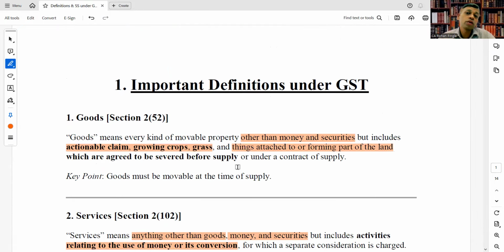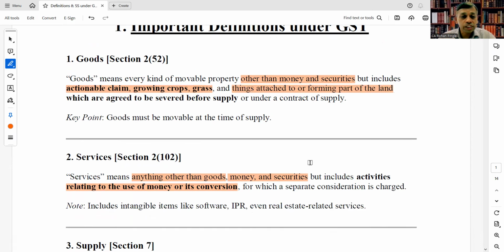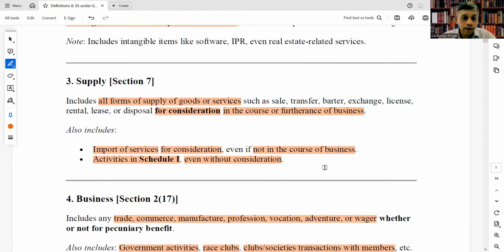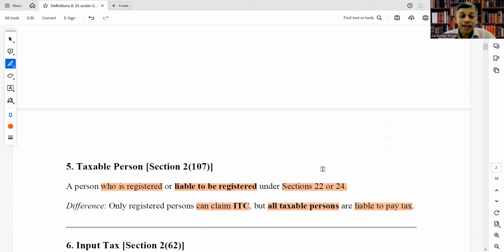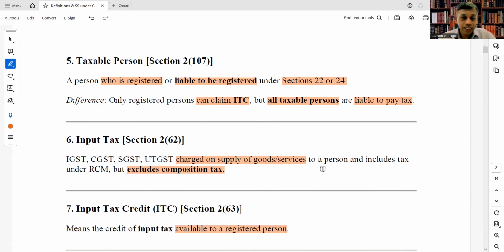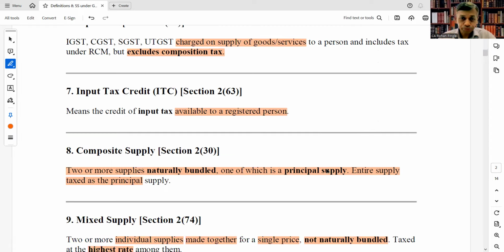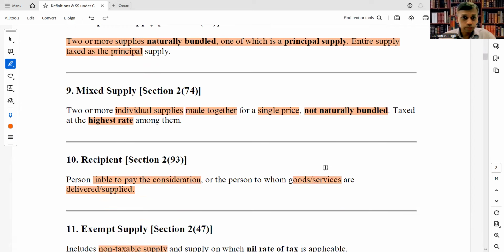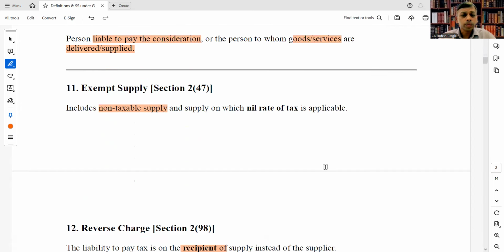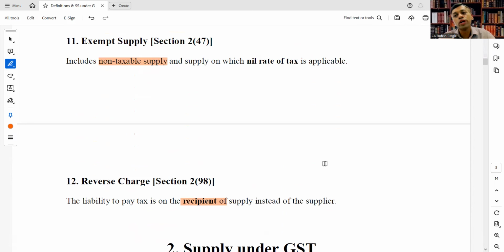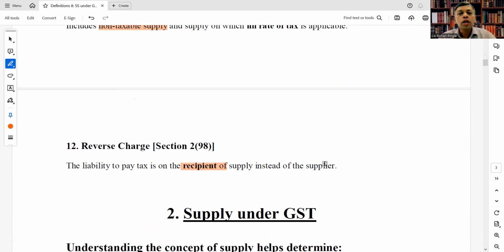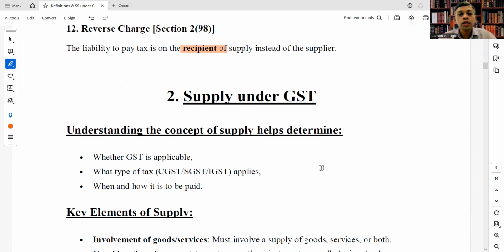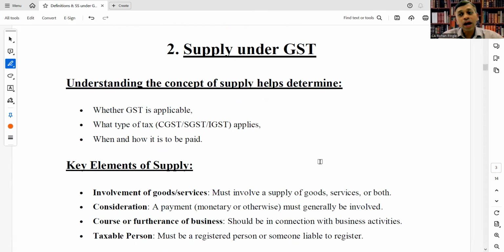Important definitions under GST: first, we have seen goods, then services, supply, business, taxable person, input tax credit, composite supply, mixed supply, recipient, exempt supply, reverse charge, and also forward charge. Okay, let's move on to the next topic, supply under GST.